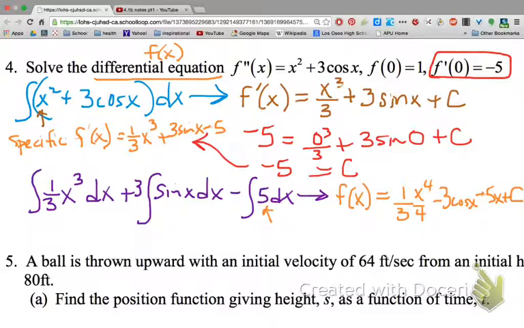But again, I have some specific information about the original function, and that is when y is 1, so we're going to plug in 1 for the f of x, for the y, x is 0, so of course this term will turn into 0, it'll be 0/12, minus 3 cosine of 0, that's going to be a negative 3, minus 5 times 0, plus c.